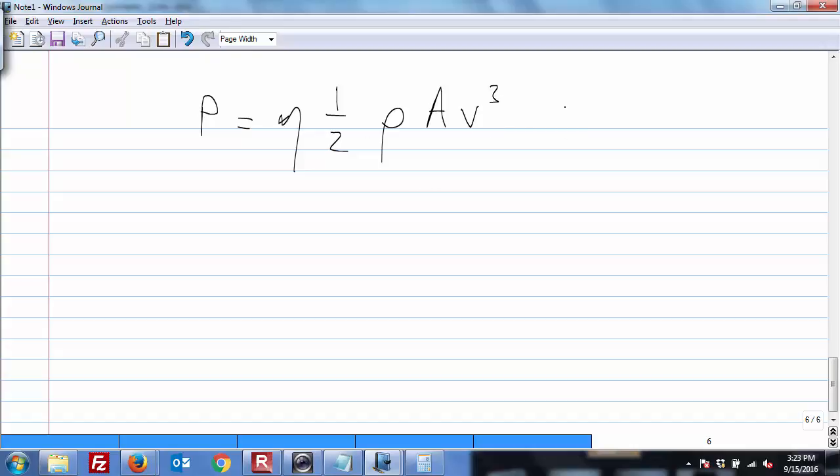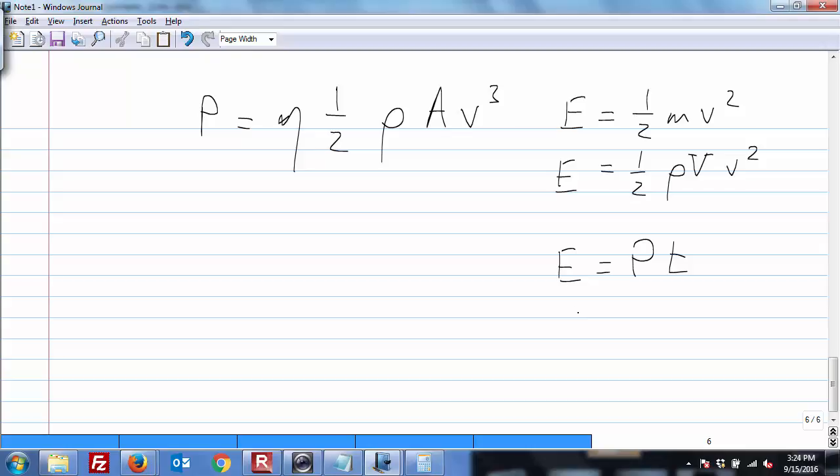And for clarity, energy equals 1/2 m v squared, or energy equals 1/2 density times volume v squared. Now we know that energy equals power, that's not a rho, that's a power, times time. We also know that power equals energy divided by time.